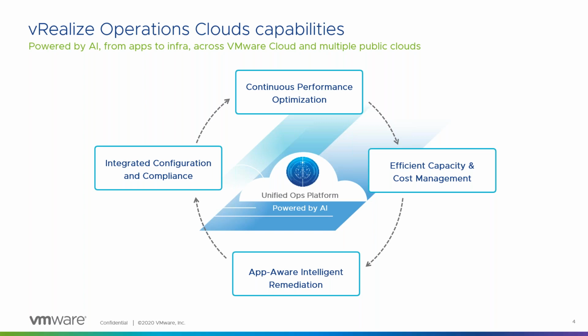And then when we look at capacity and cost management, this is going to help improve your productivity, your efficiency. You'll get the real-time predictive capacity and cost analytics and the AI that give you the ability to identify the capacity risk and take the actions to optimize the utilization. And this is for VMware Cloud Foundation and VMware Cloud on AWS. In addition, the app-aware intelligent remediation is going to give you the quick time to value.